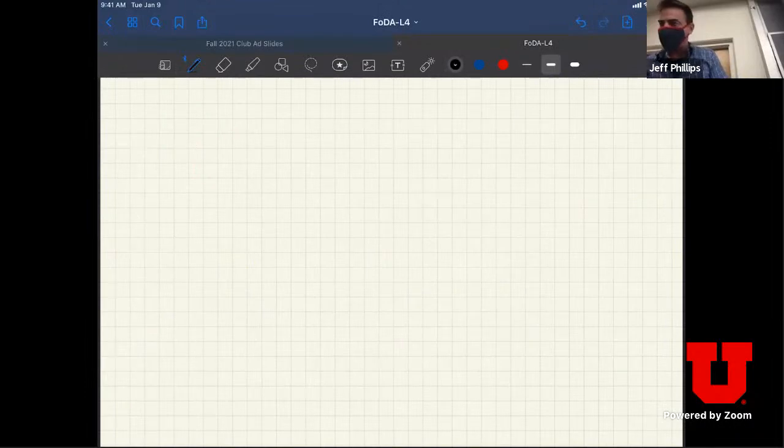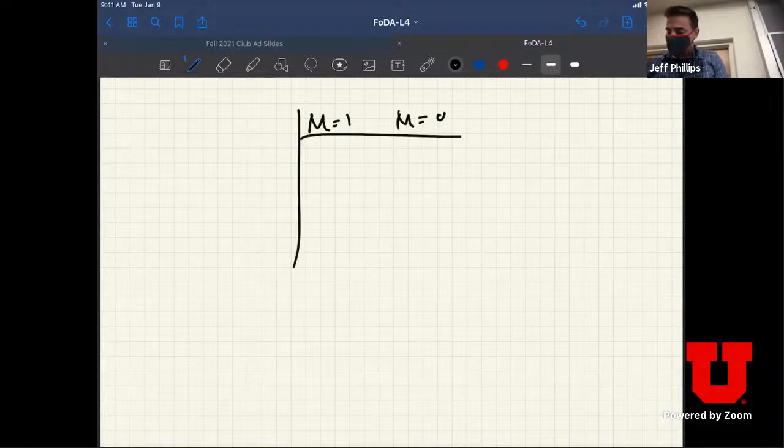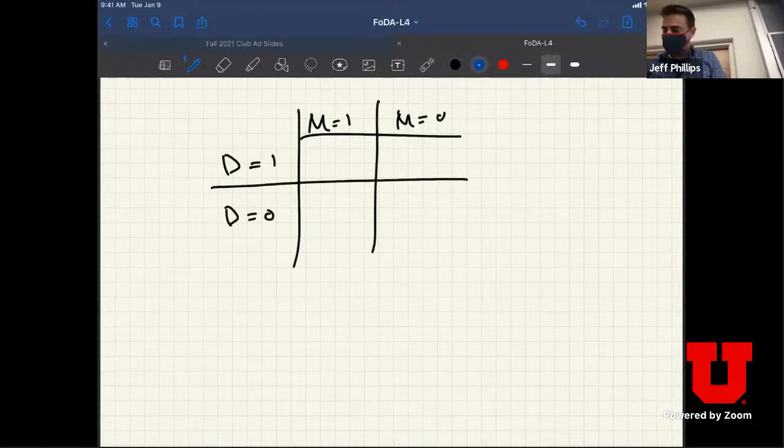Okay, so I'm going to start with two simple events and a table: m equals 1, m equals 0, and d equals 1 and d equals 0. This is a probability table.